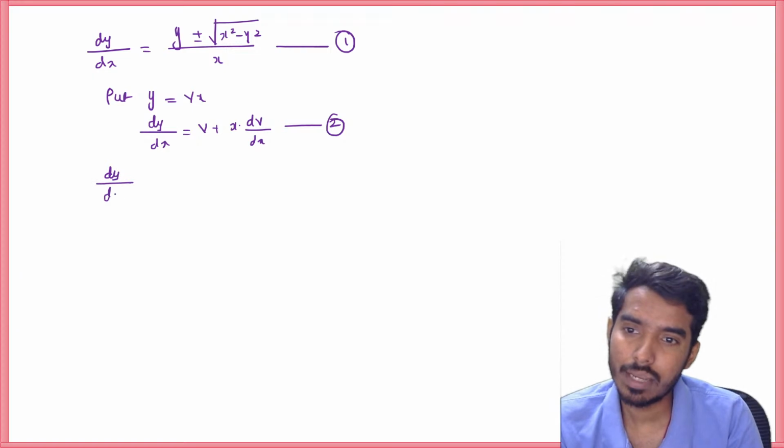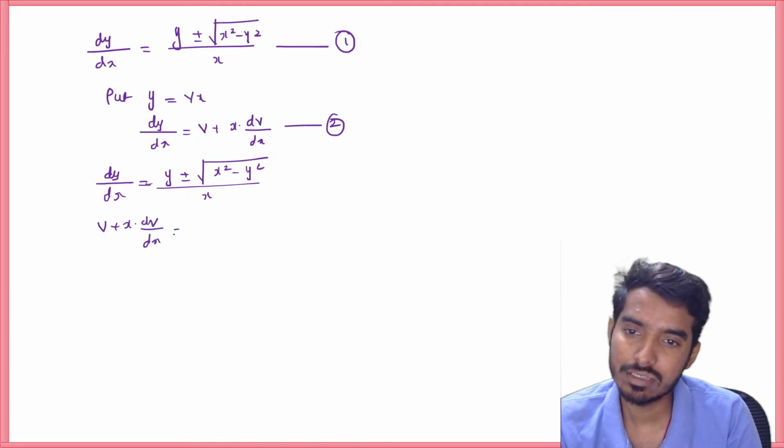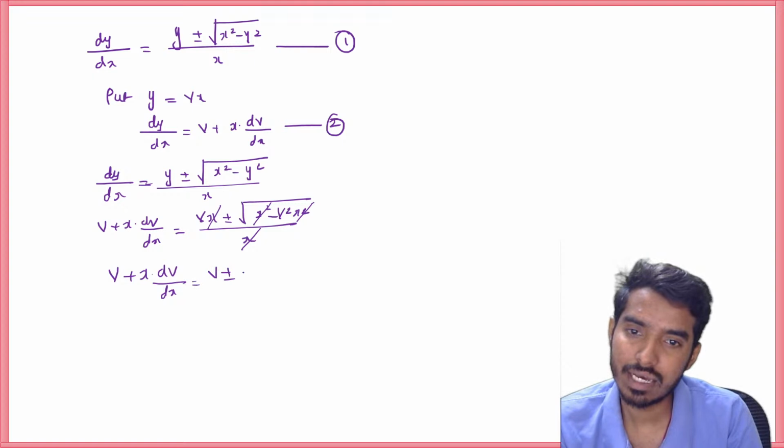So what is dy by dx? It is v plus x into dv by dx. And we know what y is. Y is vx, divided by x. So take this x outside, all these x will get cancelled. So we have v plus x dv by dx equal to v plus or minus root of 1 minus v square.